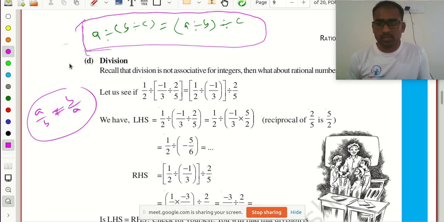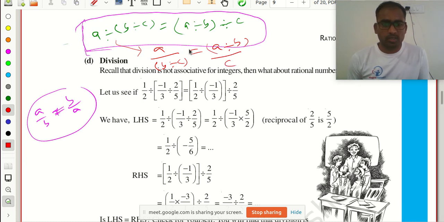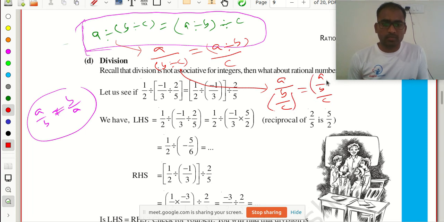So for this, what can I write? A divided by B divided by C is equal to A divided by B divided by C. We have to see whether it is possible or not. I can write this as A by B by C is equal to A by B by C. See here, the bracket is for this one here and the bracket is for this one.